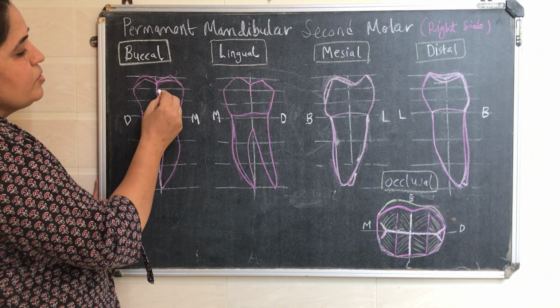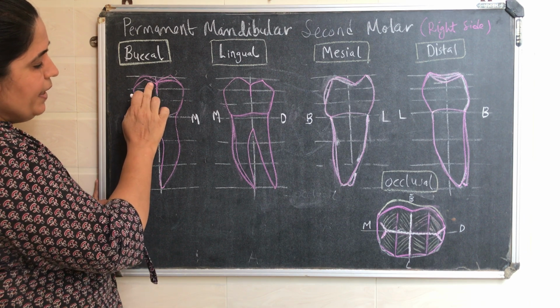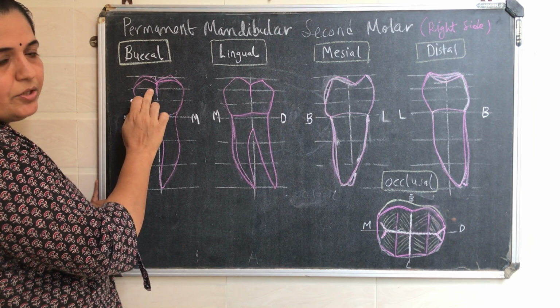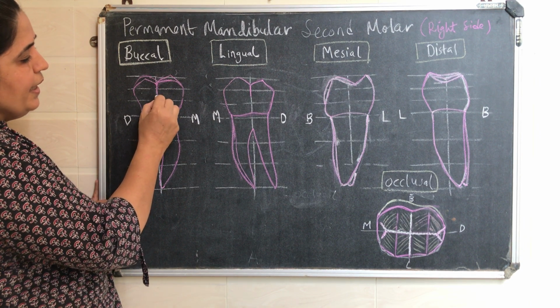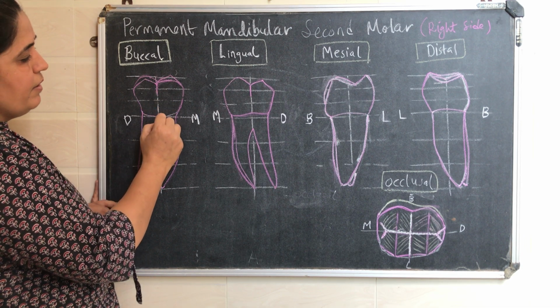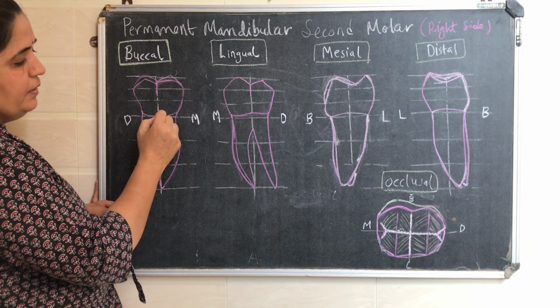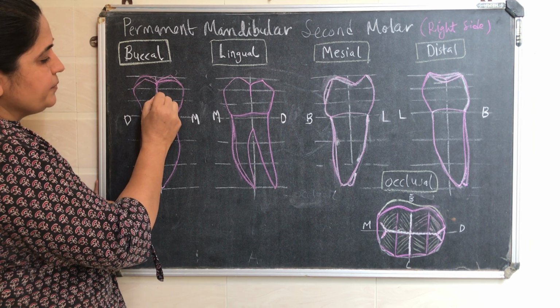Right? So this buccal developmental groove is exactly placed in center mesiodistally. It is a very short groove and it ends in the middle of the middle one-third cervico-occlusal. Right? And it usually ends in a pit.